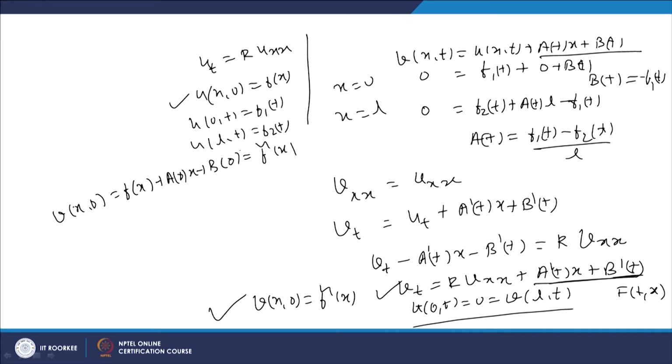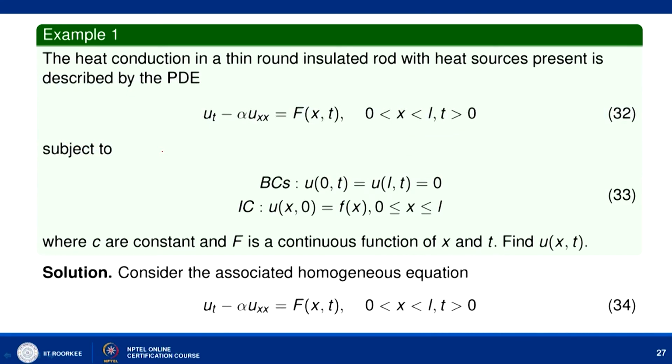So, it means that when boundary conditions are non-homogeneous, the problem can be reduced to the following: u_t minus alpha u_xx equal to f(x,t), x lying between 0 to L and t greater than 0, and the boundary condition is now homogeneous and the initial condition is given. So, if I can solve this, then we can solve the homogeneous equation with a non-homogeneous boundary condition.